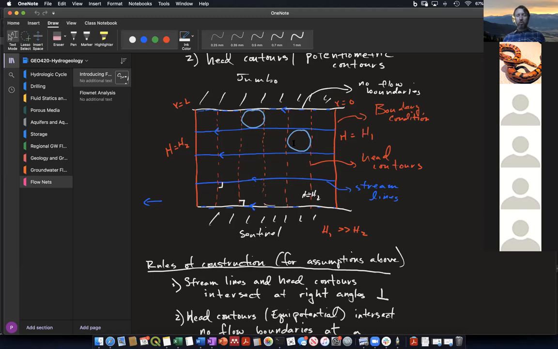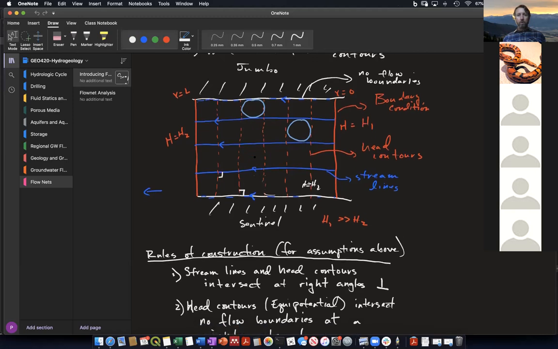So we're going to draw the curves such that we basically have, as close as we can get it, squares in between the head contours and the stream tubes or streamlines. Okay, so this is the basic configuration of the flow net.